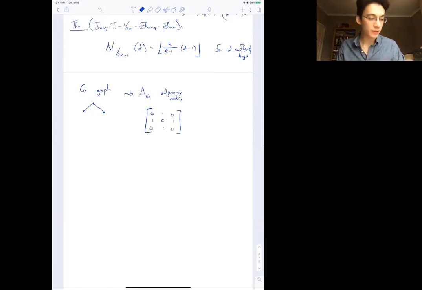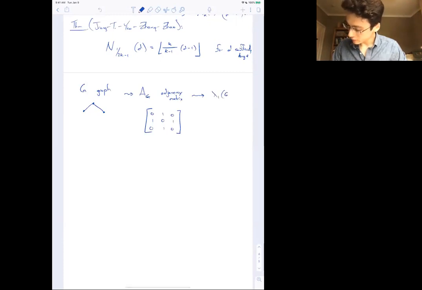So in this case, this is the adjacency matrix. And then we'll be interested in the eigenvalues of this adjacency matrix. For now, just the spectral radius. That is the largest eigenvalue of A of G.